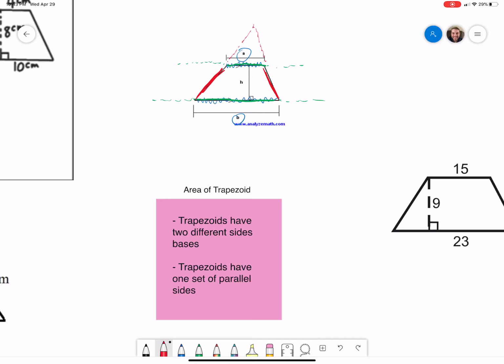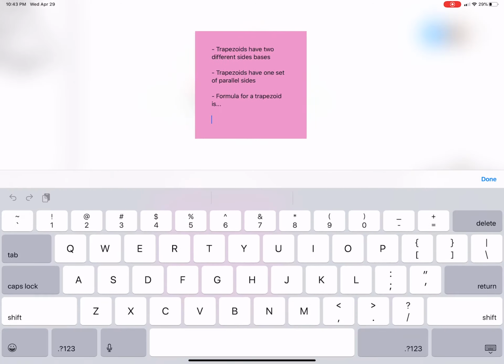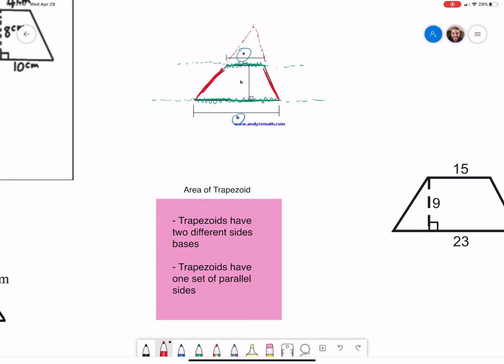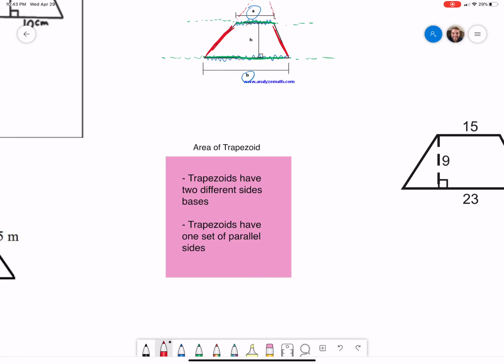If I go down to my next note, I'm going to give you the formula for the area of a trapezoid. The area equals base 1 plus base 2, then I divide that by 2, and then I multiply by the height.